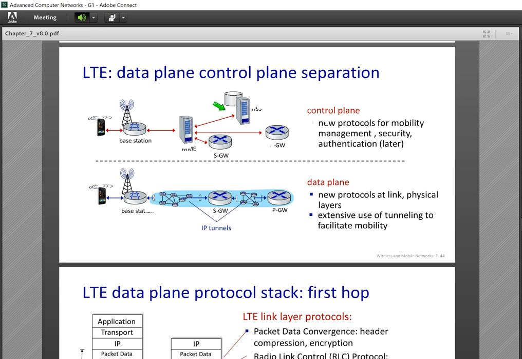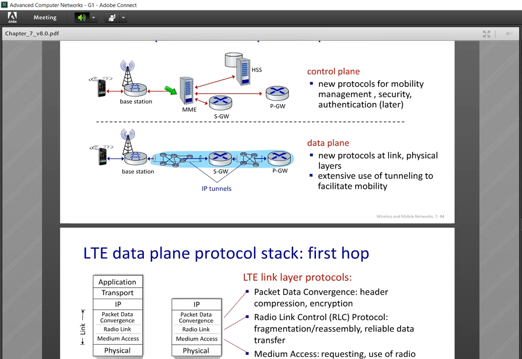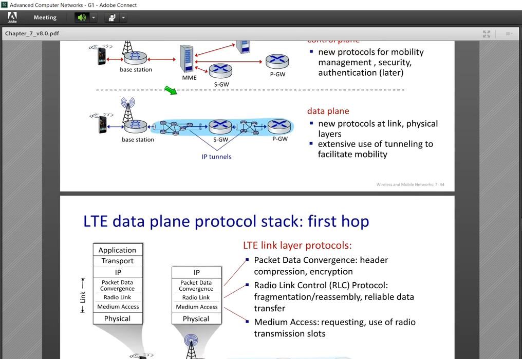Those servers control everything. And after that, they send information to the SGW or PGW, to the S or P gateways. Those servers should decide about the actions that we should take against a packet.